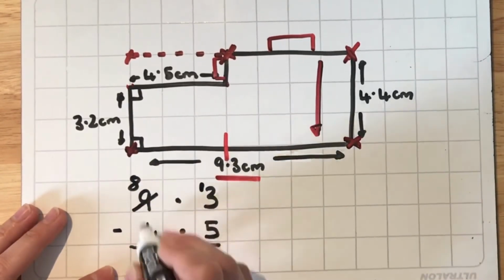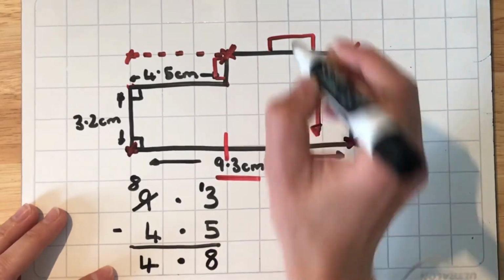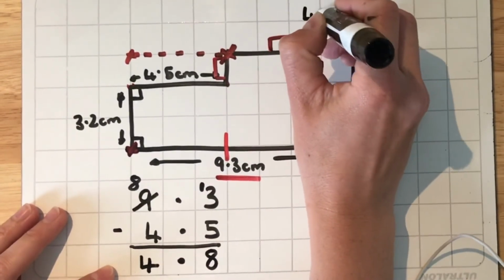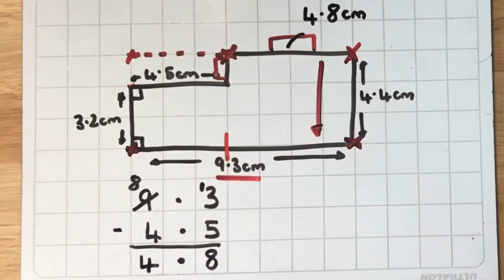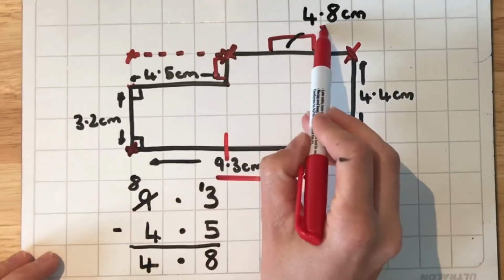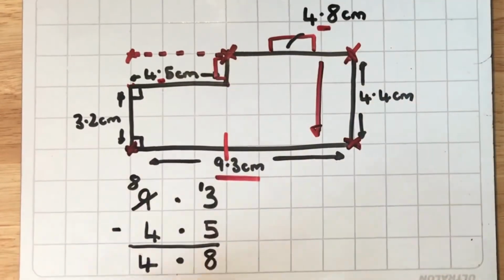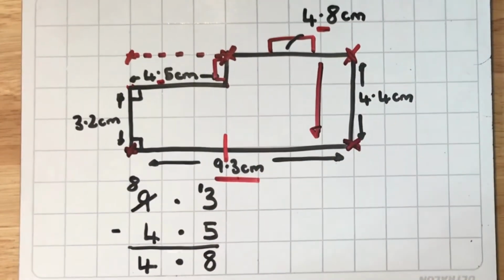Decimal point doesn't move, 8 take away 4 is 4. So your first missing measurement is 4.8 centimetres. If you want to check that's correct, look at this one and look at this one and add them together and it should make the total of that line.